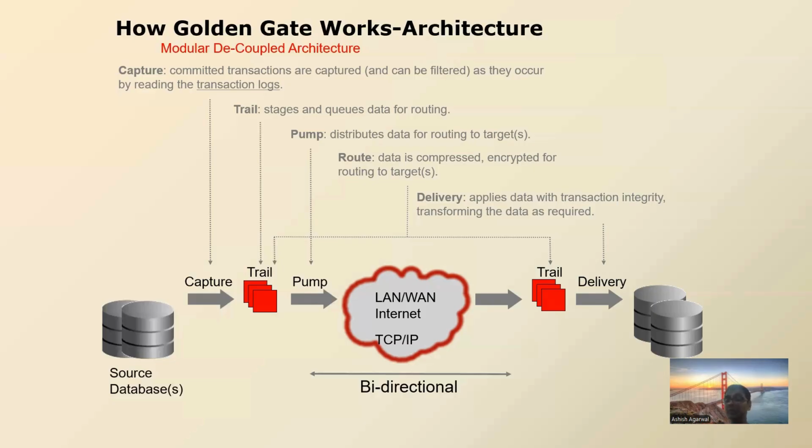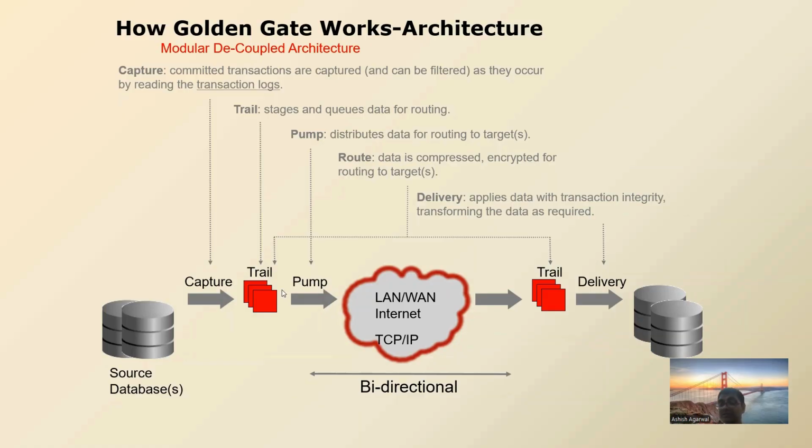Okay, one more thing if you will notice over here. Each process over here has a source to read from and a target to write to, right? So what is the source of this extract process? The source of this extract process is the transaction logs of the database. What is the target? The target is the local trail. What is the source of this pump process?